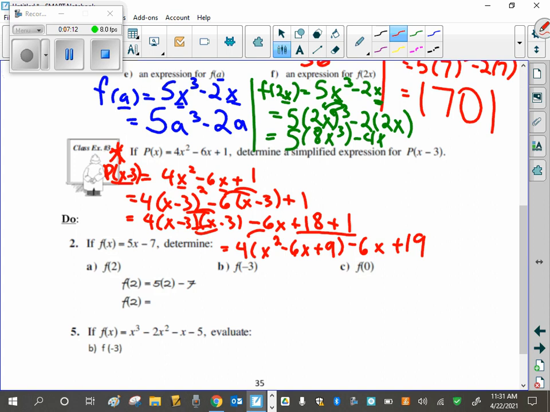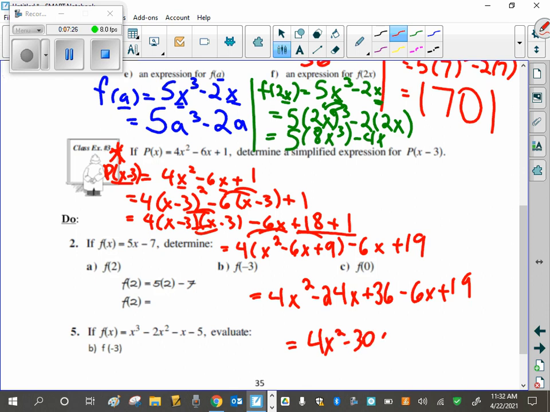And then I'm going to distribute the 4x squared, subtract 24x plus 36. And then, did anybody get 4x squared, subtract 30x plus 55 there? Anyone finish? Oh, David did. Thank you. He's done before me.